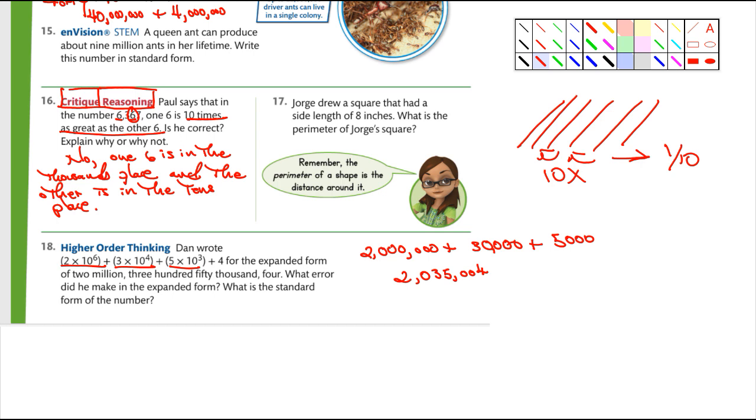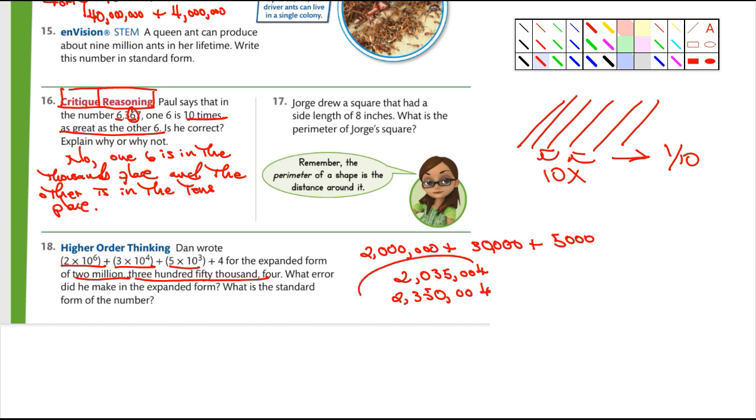What error did he make in the expanded form? So this is 2,350,004.